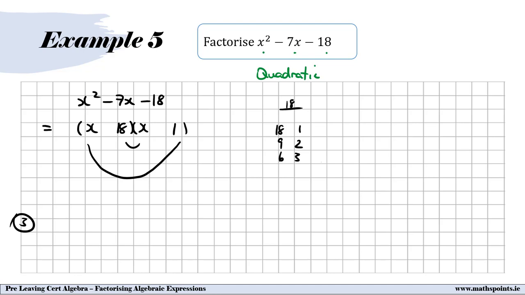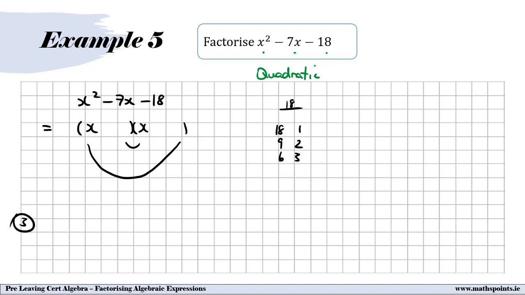The second check is that the second part of each bracket multiplied to give 18. 18 times 1 is 18. The last check is that the product of the inner 2, 18x, and the product of the outer 2, 1x, have to somehow combine to give minus 7. And there's no way that 18x can combine with 1x to give minus 7. So let's erase the 18 and the 1, and we'll try one of the other pairs.